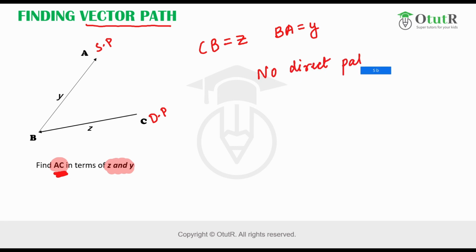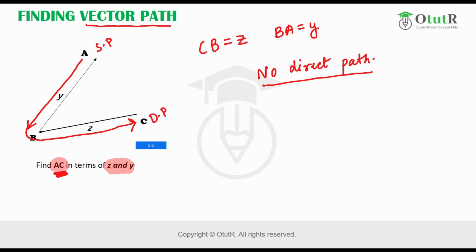So if you do not have a direct path, what can you do? You can take a longer path, right? Because the direct path would have been the shortest, but we can just go around. So in order to reach from A to C, I can first go to B in this direction, and after that from B I can go to C following this direction.